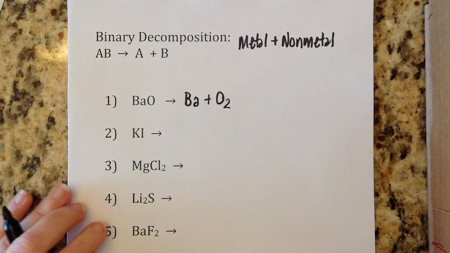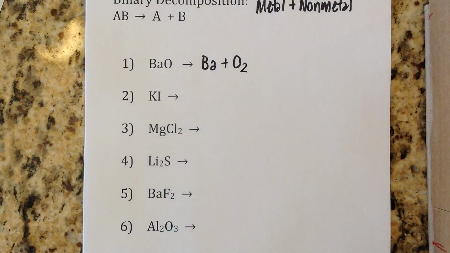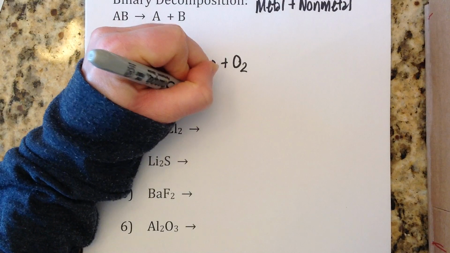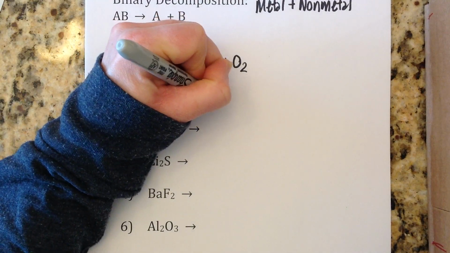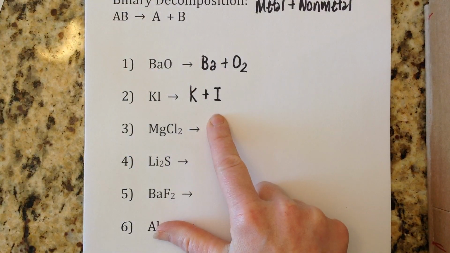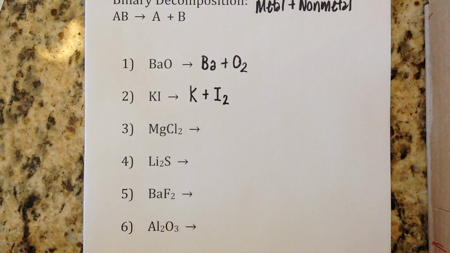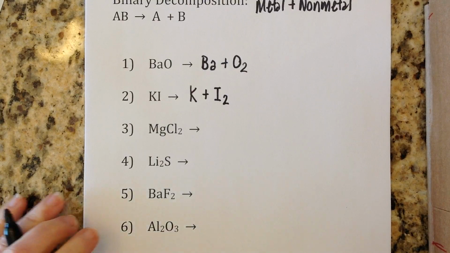Now, number 2, potassium iodide. That is made up of potassium and iodine. Again, I see one of the special 7 diatomic molecules, and we're going to put a 2 on it, just because iodine is one of those 7 that cannot exist alone.